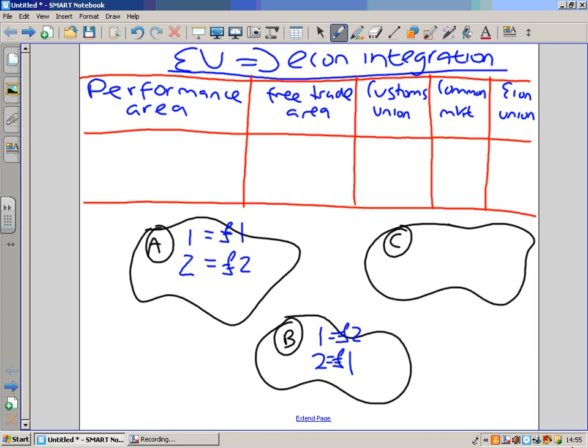Let's build up what we mean by preferential trading area first of all. What we're assuming is that most countries originally will have restrictions that stop trade with each other. They operate independently. So that means if you want to consume products 1 and 2 and you live in country A, you will buy from your country. If you live in country B, you will buy products 1 and 2 from your country.